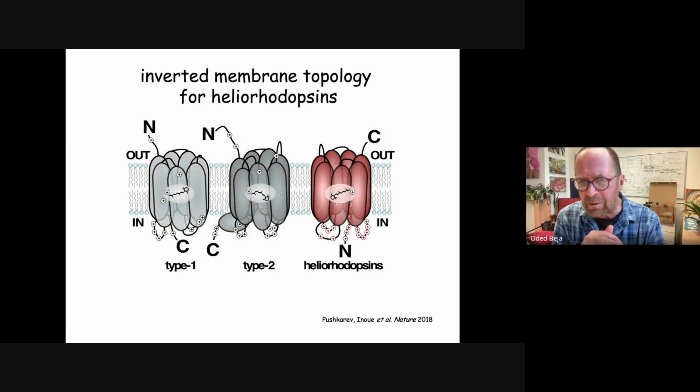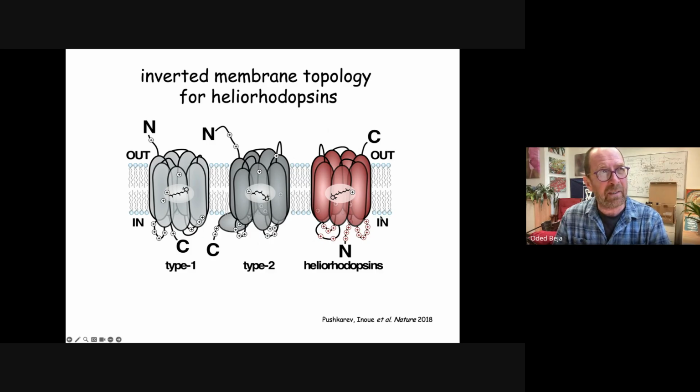Luckily for us, because we were looking for pigmented E. coli, we actually found a new family of rhodopsins. So in this slide, you can see the microbial rhodopsins on the left. We call them type 1 rhodopsins. Next to it, the visual rhodopsins, type 2 rhodopsins. And here, this is the new family.